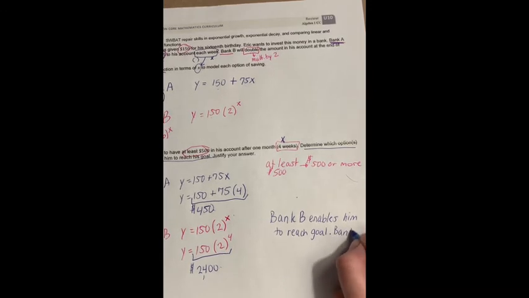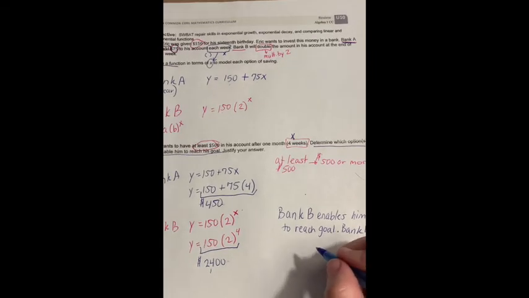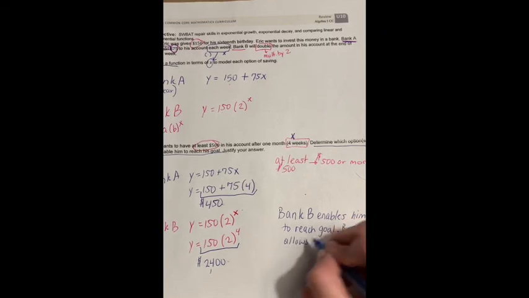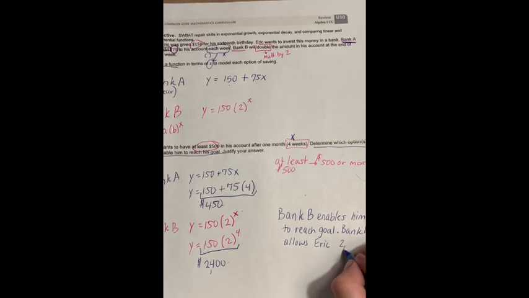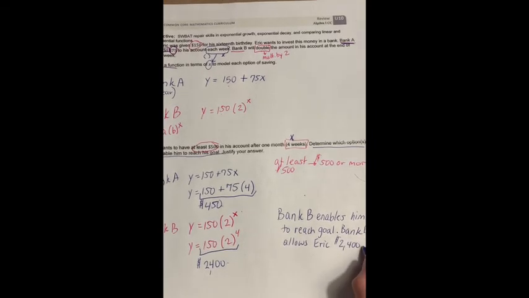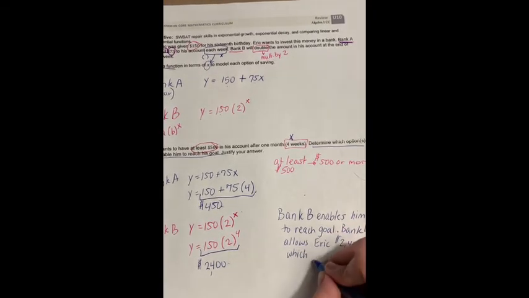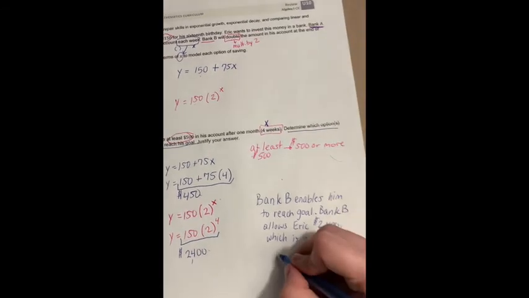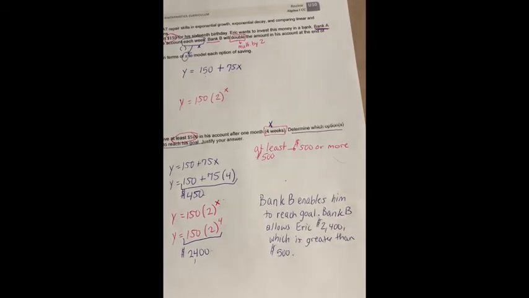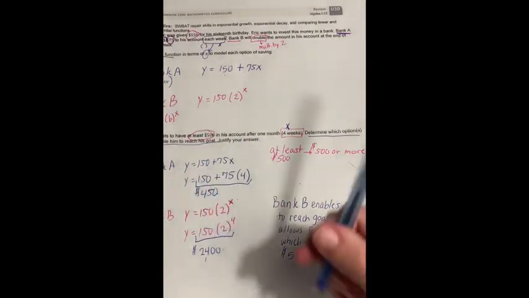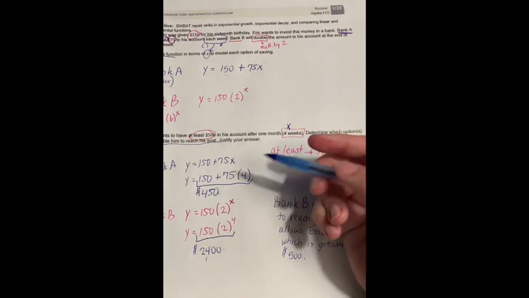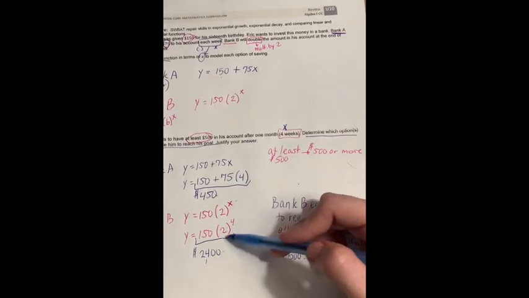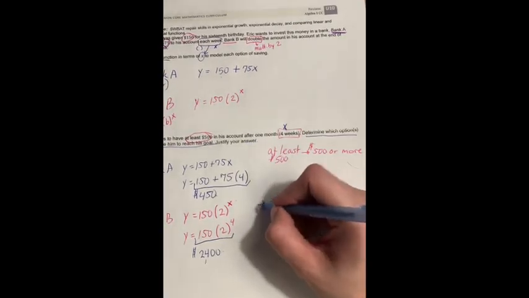And then I should say Bank B allows Eric $2,400, which is greater than $500. You could also add that Bank A doesn't work because $450 is less than $500 if you wanted to add a little extra in there. And justifying your answer, well, we showed all our work, so we're good there. But this should be really your final statement.